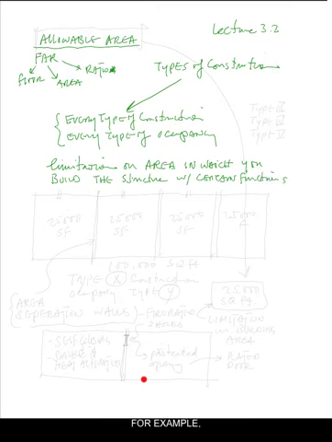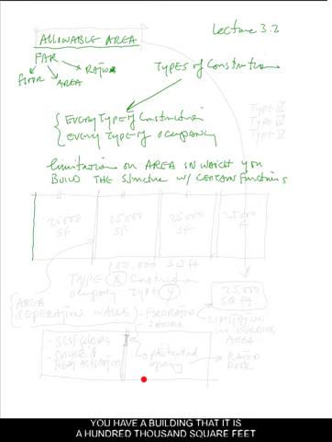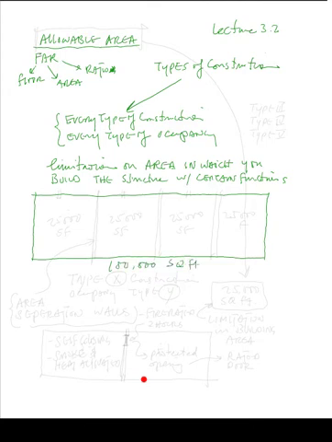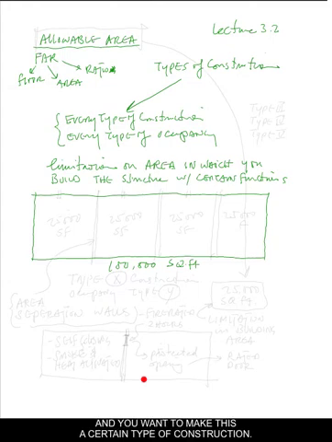For example, you have a building that is 100,000 square feet, and you want to make this a certain type of construction.